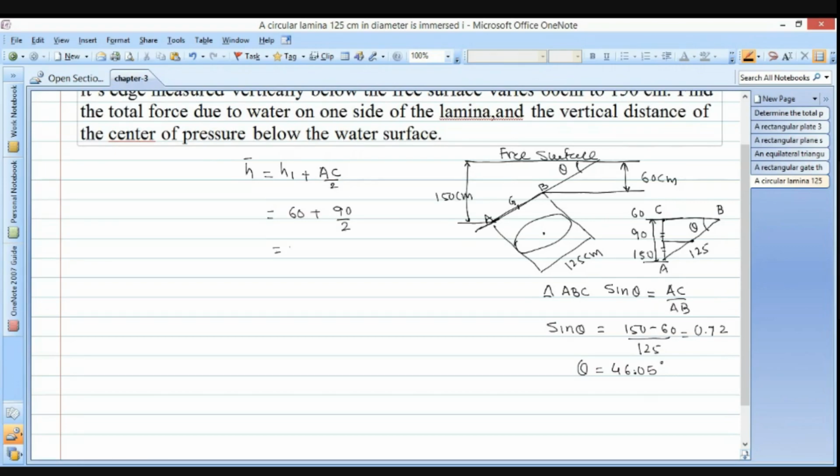So we get 105 centimeter, that is 1.05 meter.